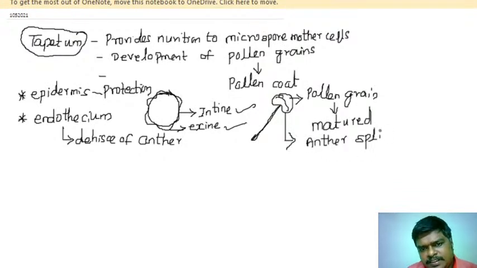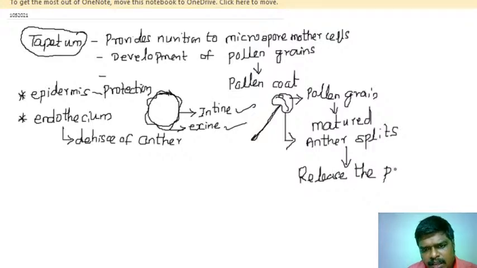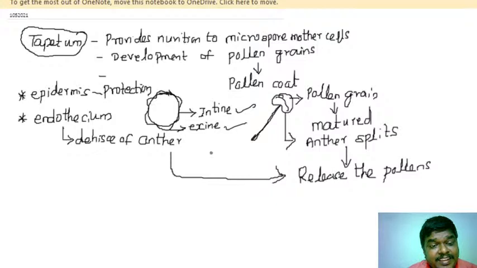The anther breaks and releases the pollen grains. That process of releasing the pollen is called dehiscence of anther. That is done by the endothelium.